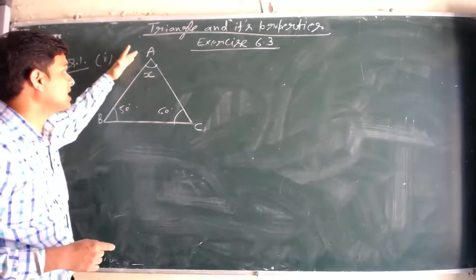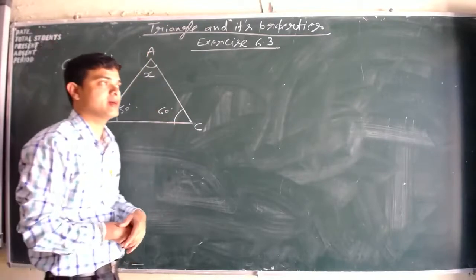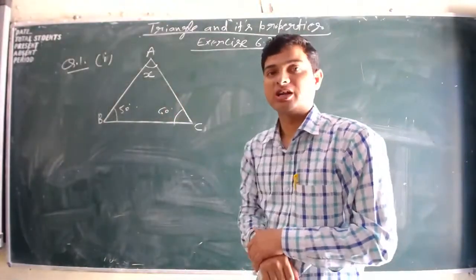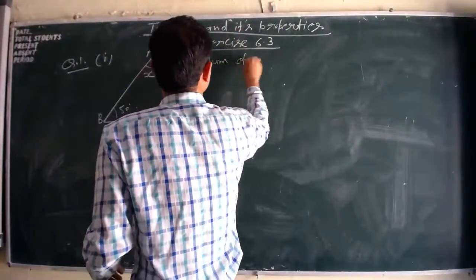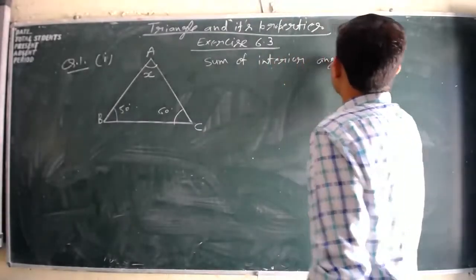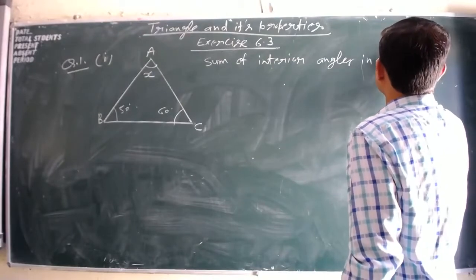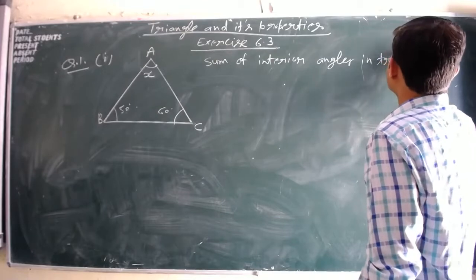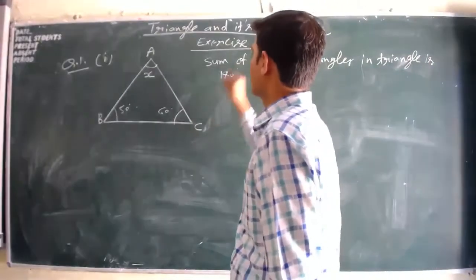We know that the sum of the three interior angles in a triangle, I already told you, is equal to 180 degrees.